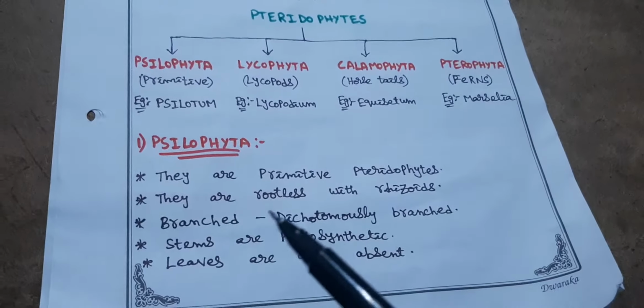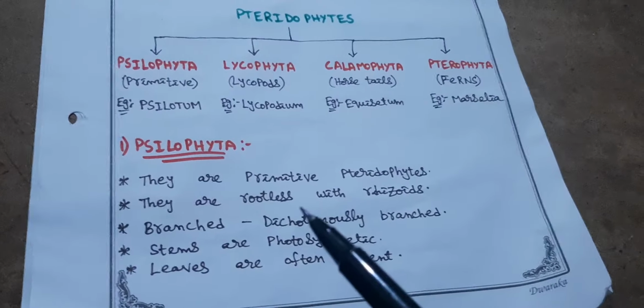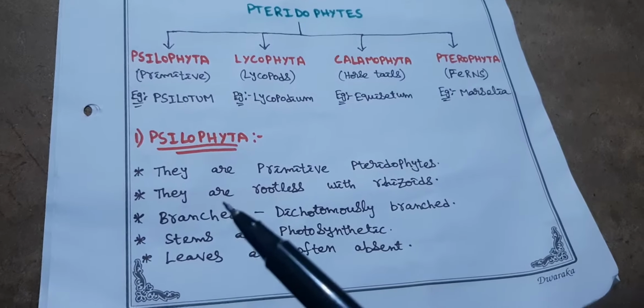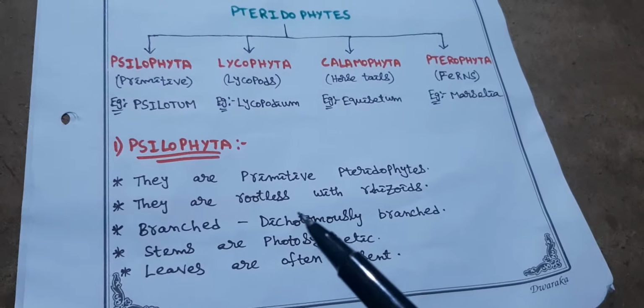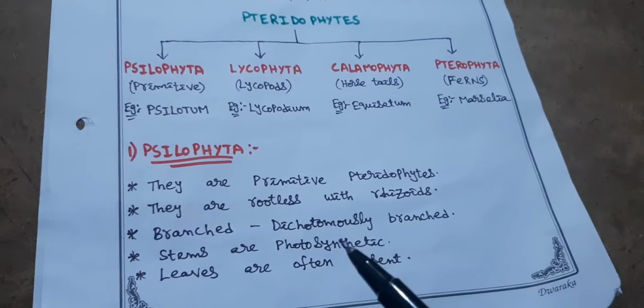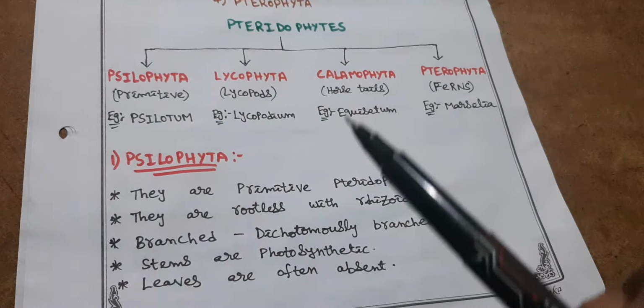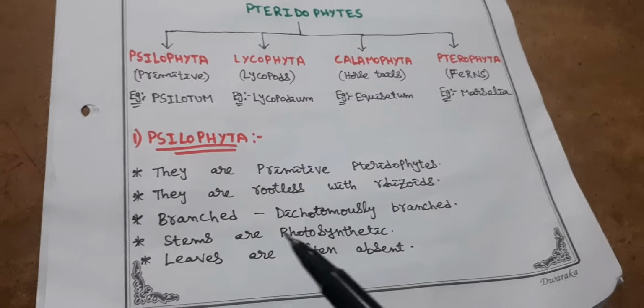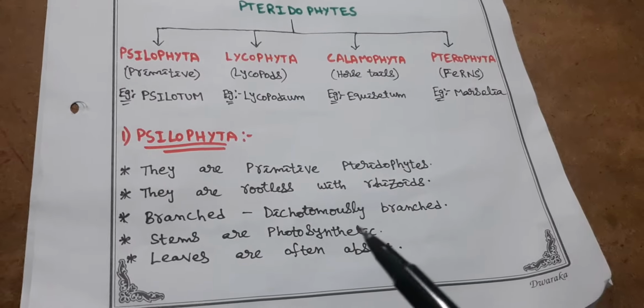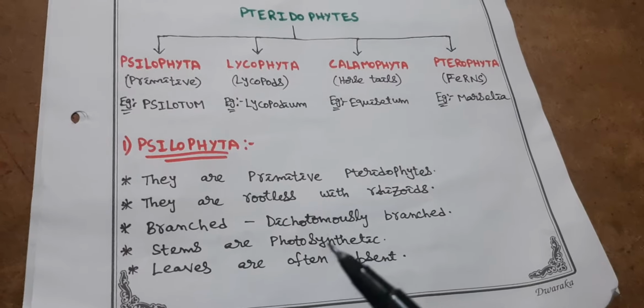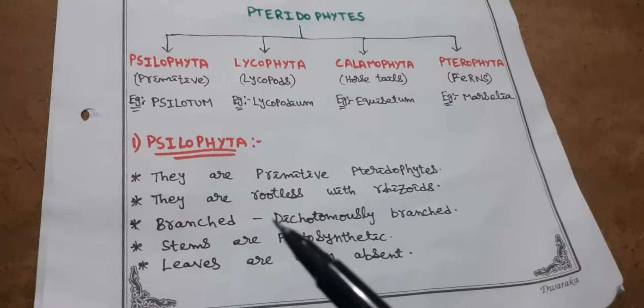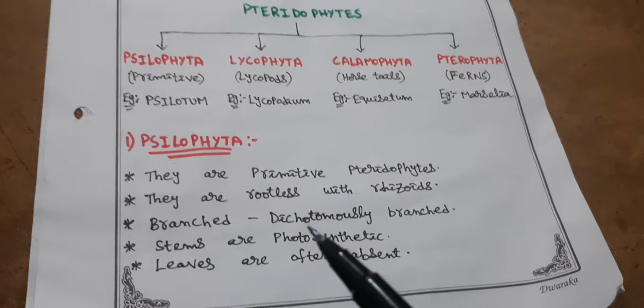Xylophyta, these are the primitive pteridophytes. As I said before, they are rootless, that means roots are absent, but rhizoids are present. Dichotomously branched. Dichotomous means into two branches, into two stems, it is branched. Next, stems are photosynthetic because leaves are often absent in Xylophyta, so the stems may perform photosynthesis.